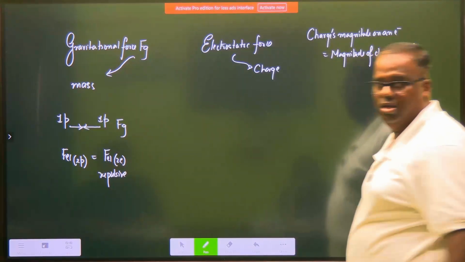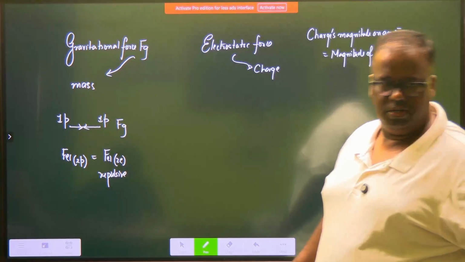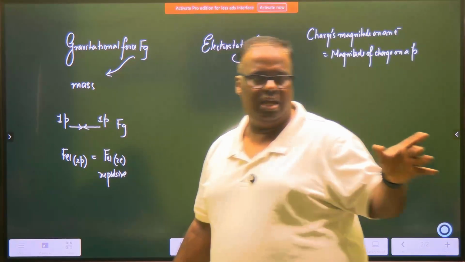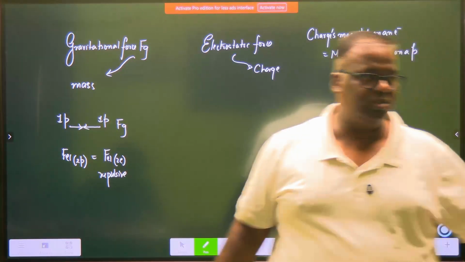Is this understood? Because you're finding the same repulsive force in both cases. The mass has no role, right? Between you two, and between two other children, we find the same repulsive force, and that is the electrostatic force.